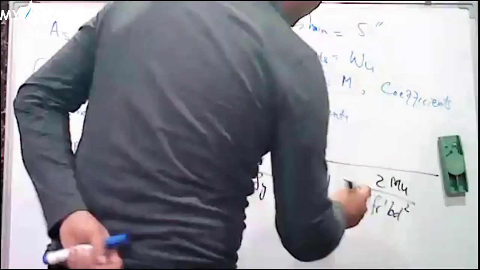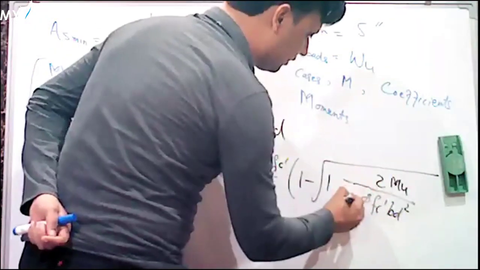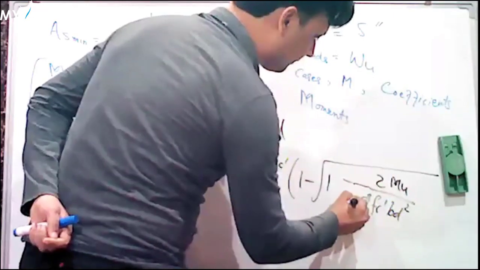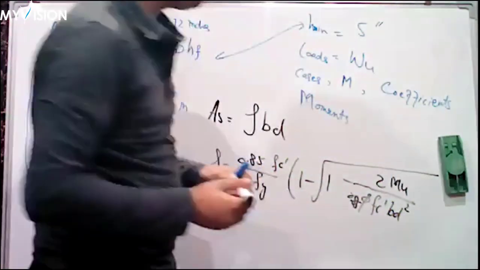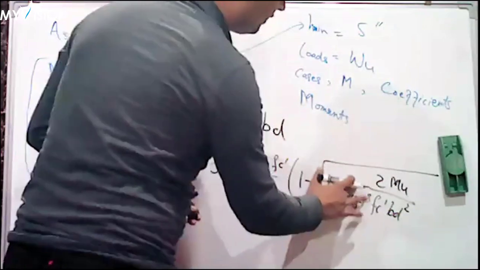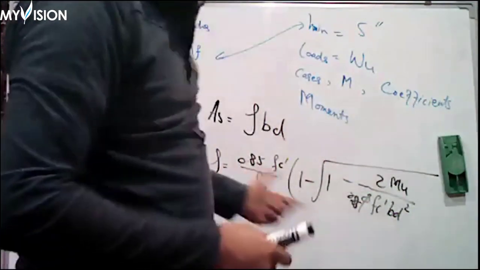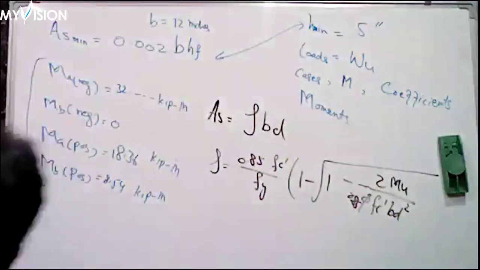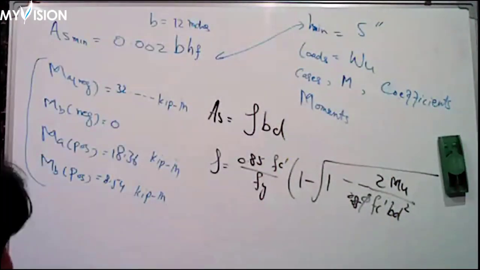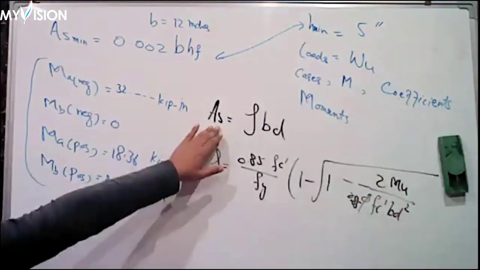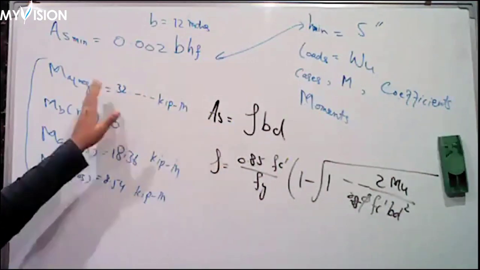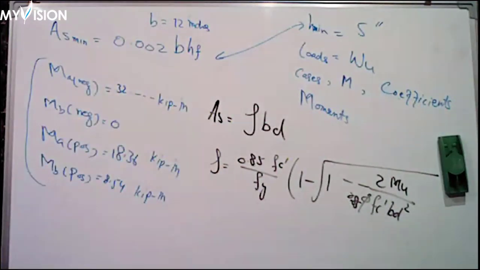Only one thing I missed, that is 0.85 phi Fc prime B D square. You use this formula to calculate the rho required, then put this value in to calculate the area of steel.